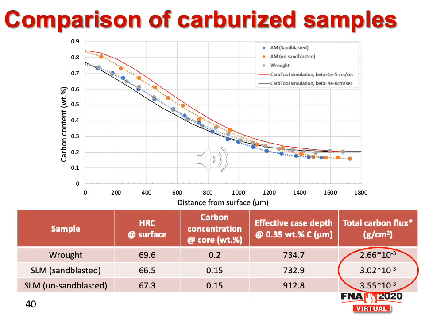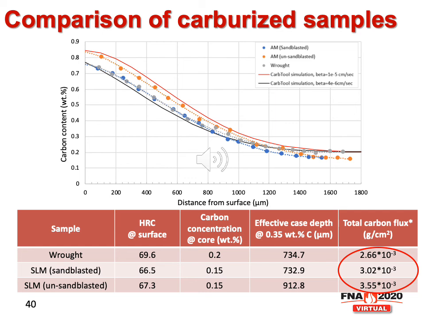We also used the CARB tool to do the simulation on the carbon concentration profile for the current carburizing process. First, we used the default mass transfer coefficient, which is 10 to the minus 5 centimeter per second. And we found the carbon concentration profile is a little bit higher than what we measured by OES.